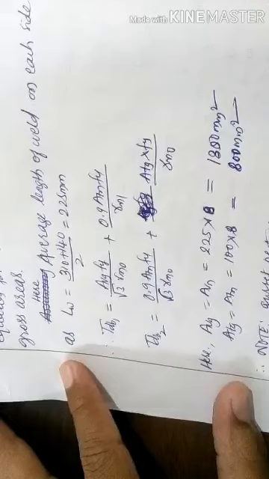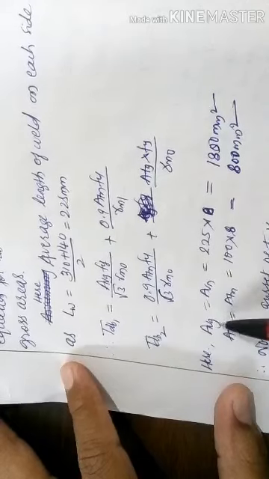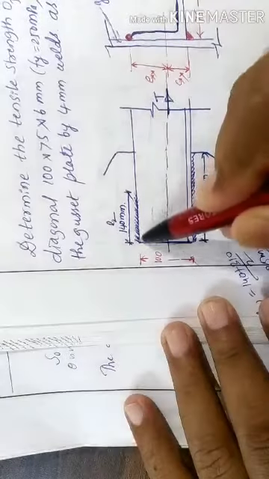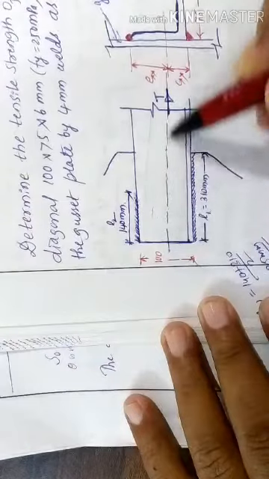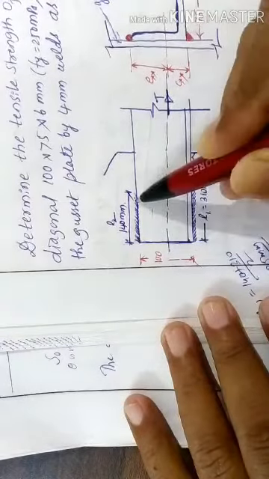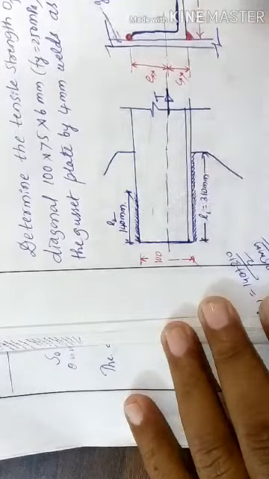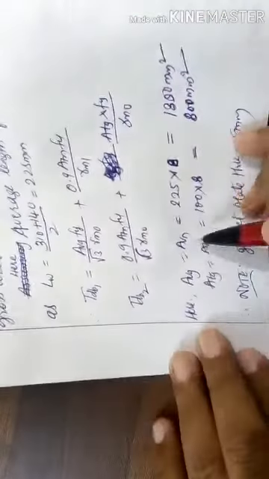AVZ is what? Shear area. Shear area means we have to take this area parallel to the load. So for that you have to take the average length of weld and multiply by the thickness of gusset plate. So that is to be taken here. AVZ and AVN both will be equal.